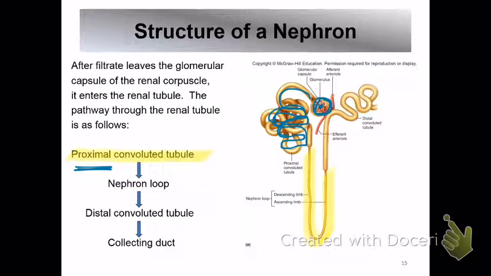Some people refer to that as the loop of Henle. That's how I learned it, but now they're trying to get away from calling things by last names of the people who discovered it and calling it by the structural name, which would be easier to remember. So that's the nephron loop, and the descending goes down, ascending goes up.